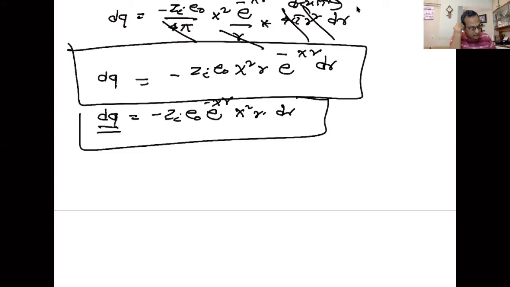One is the exponential decay, which tries to decrease dq with distance r, and the other will try to increase dq linearly with r. So there is a tug of war between two functions.